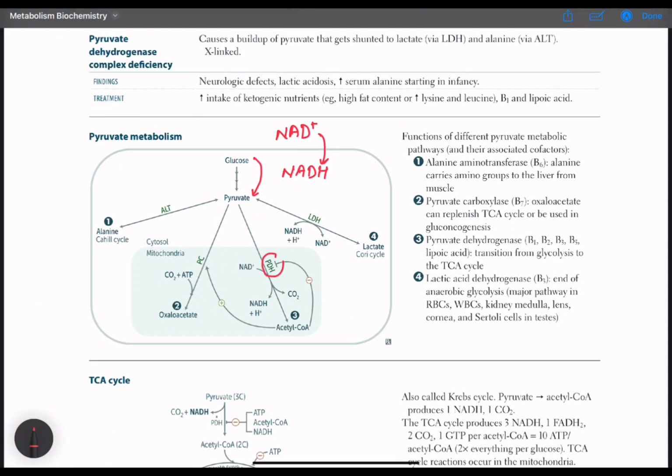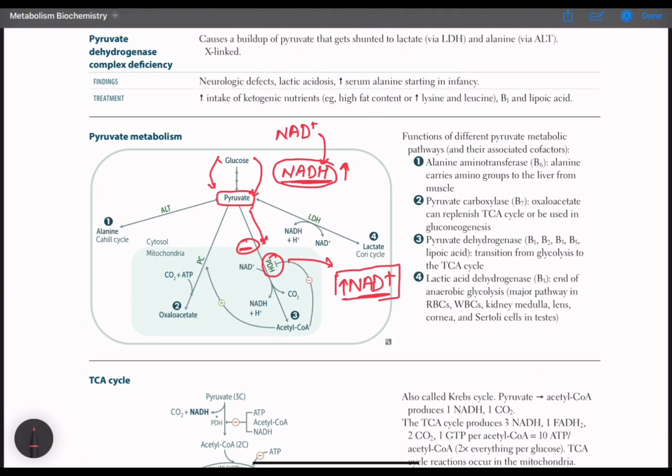So this enzyme only works when there is an increase in NAD plus. But in the conversion of glucose to pyruvate, we have an increase in NADH. So no matter what the circumstances of the cell are, we will always have increased NADH because cells perform glycolysis, and this reaction will be inhibited because there is an increase. For the proper functioning or activation of PDH, we need an increased NAD plus to NADH ratio.